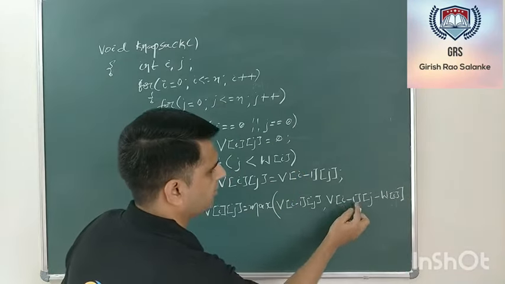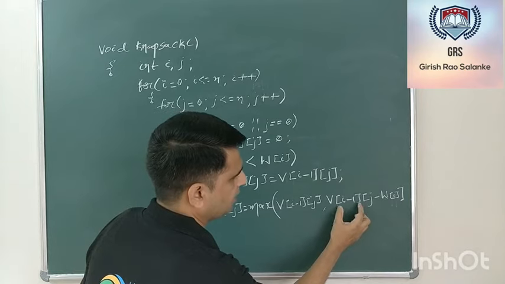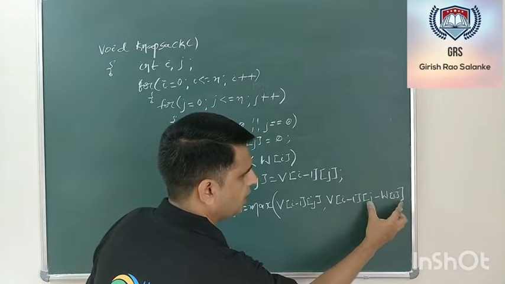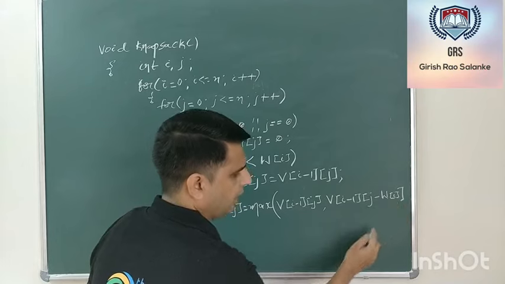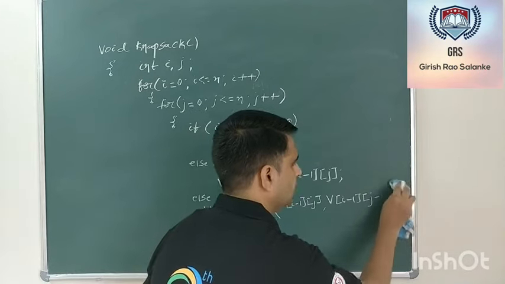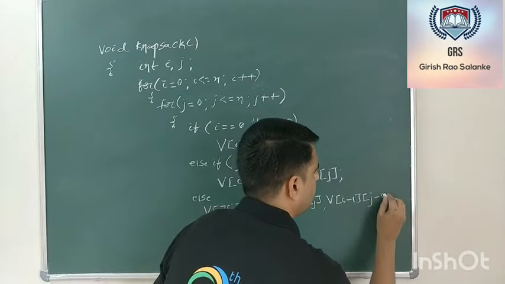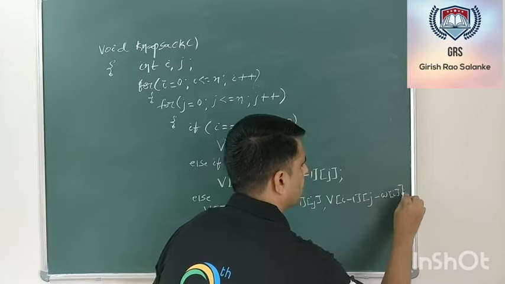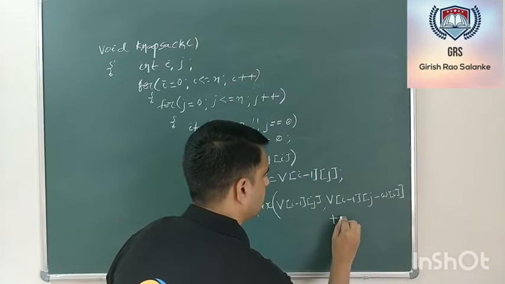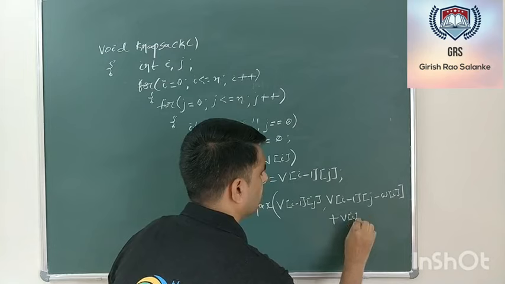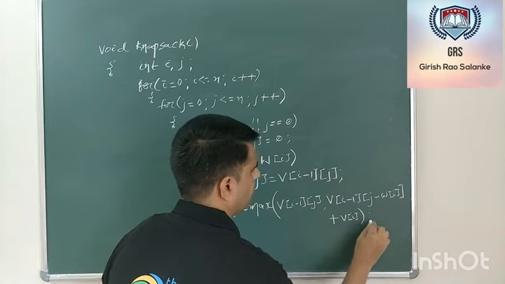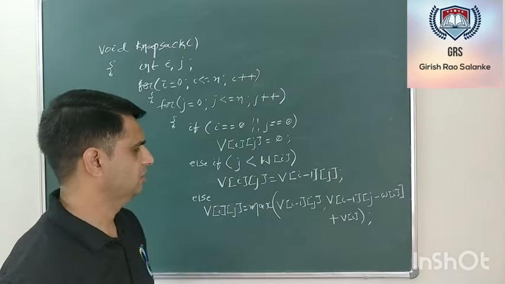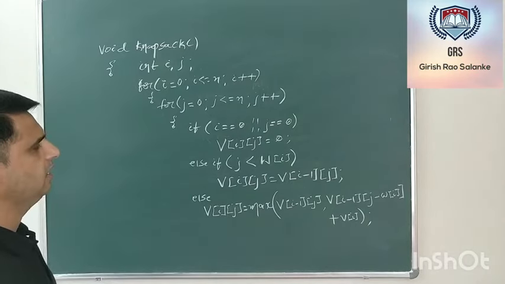It is V of i minus 1 within the bracket and then j minus w i also in bracket, but w is also an array. This is small w. Small w of i plus small v of i. Maximum among these two. The calculation is done.